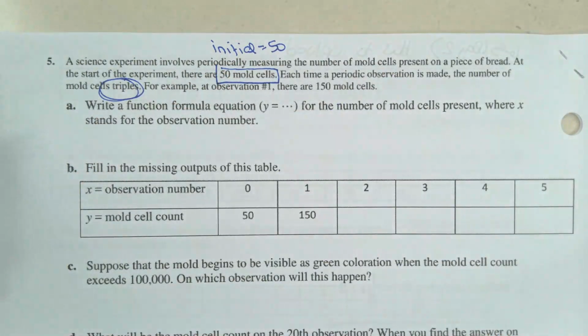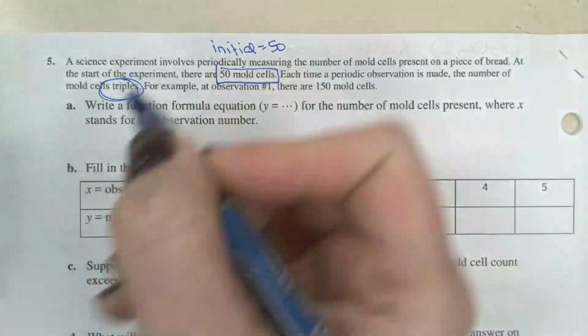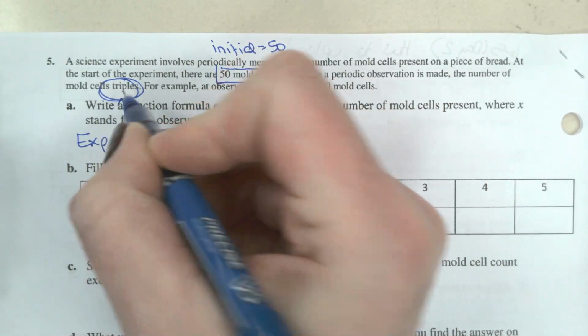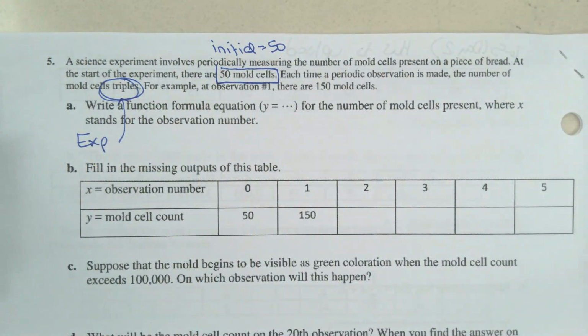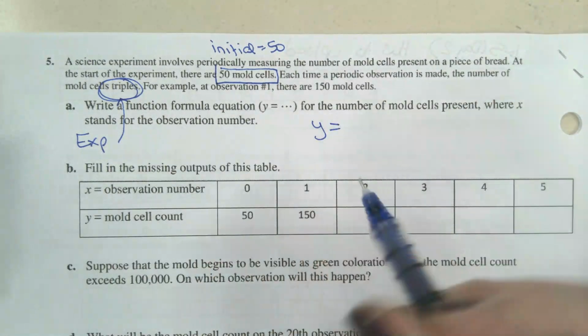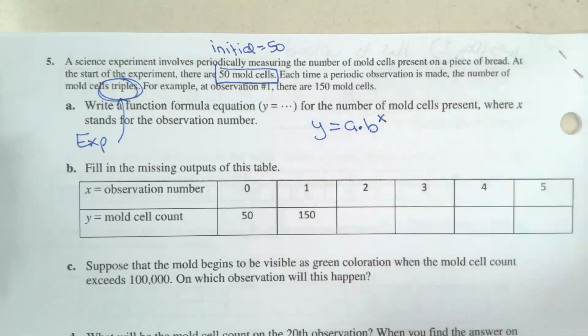Now I know that I am using an exponential function because that's being multiplied. So write a function. So I have y equals a times b to the x.